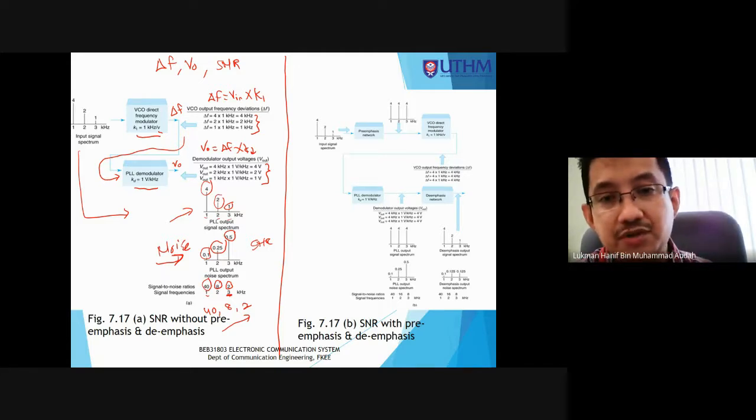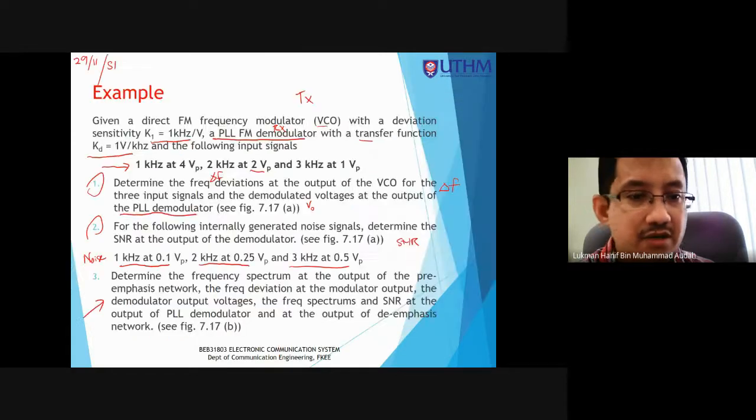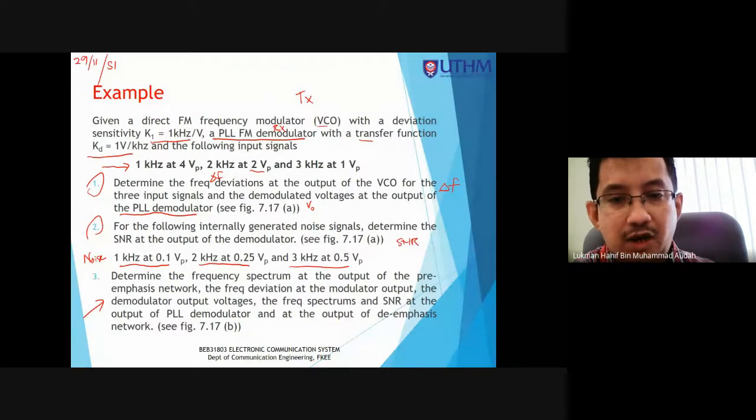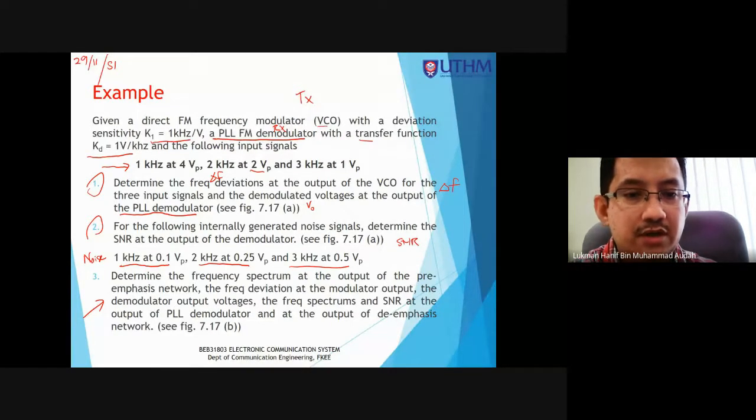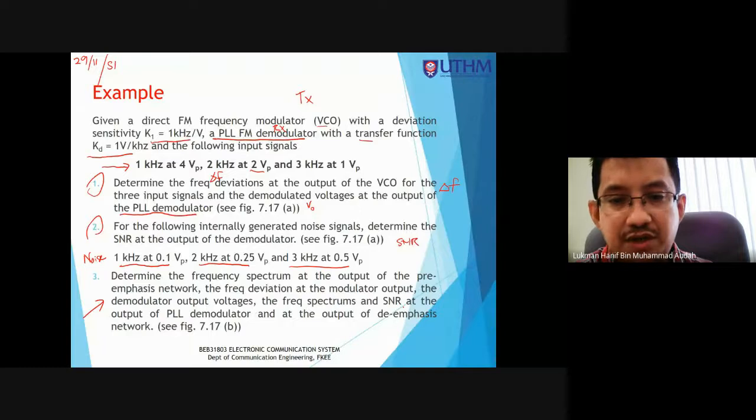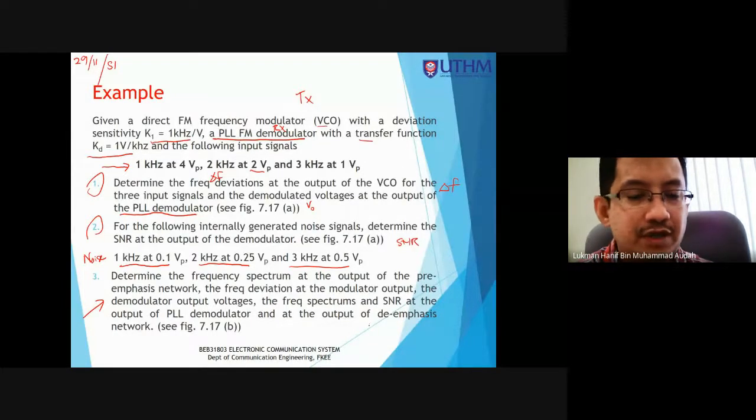The third question, we have pre-emphasis and de-emphasis. Kalau dibaca soalannya, determine the frequency spectrum at the output of the pre-emphasis network, the frequency deviation at the modulator output, the demodulator output voltage, the frequency spectrum and SNR at the output of the PLL demodulator and at the output of the de-emphasis network.